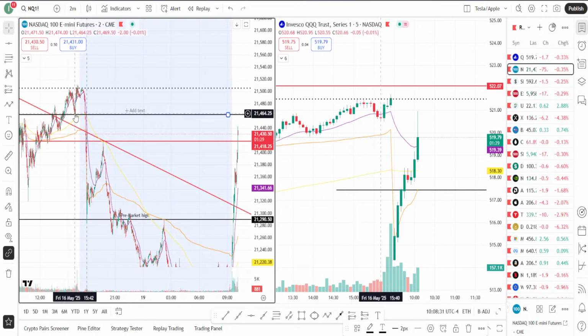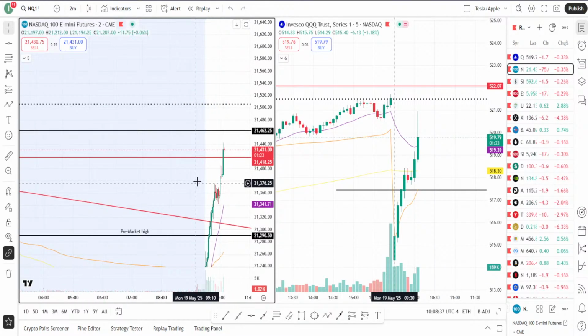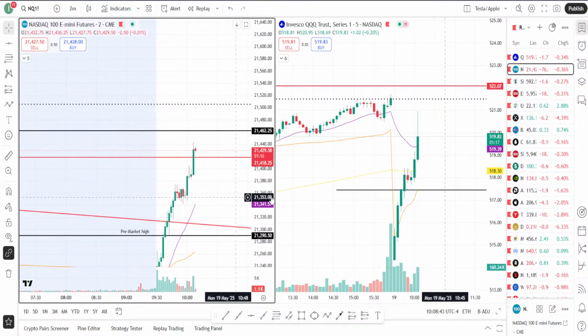Market support right here from this double top. We could bounce off of that as well. Just want to be aware of any areas where price will turn around.